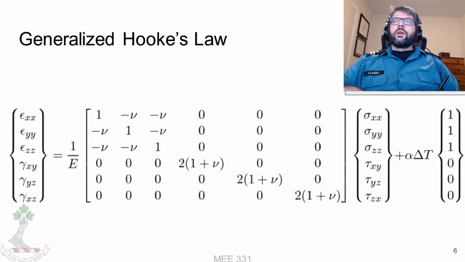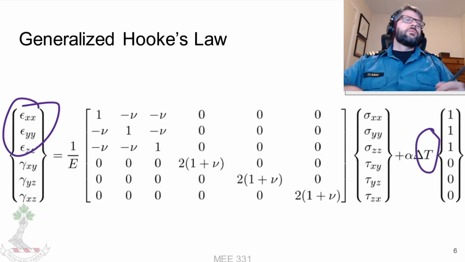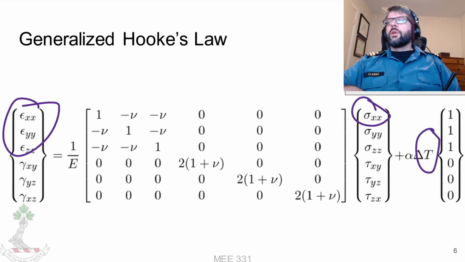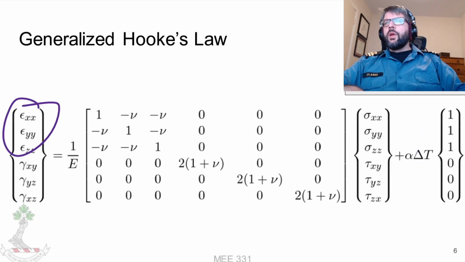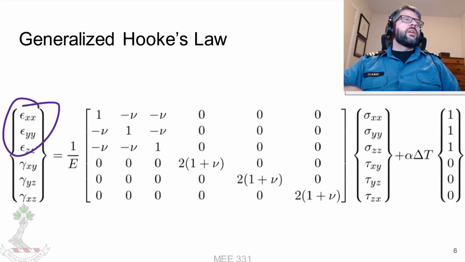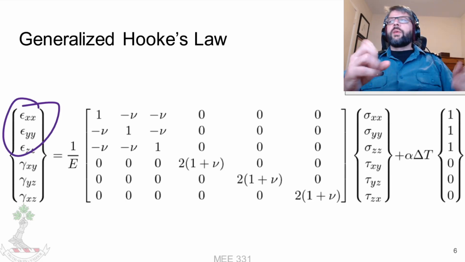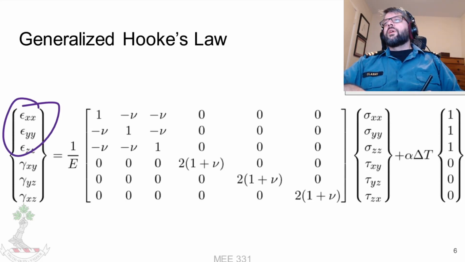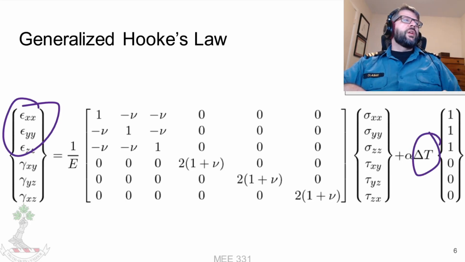Sometimes you'll know the strain, and you'll be given a temperature rise, and you'll need to calculate what stress levels get induced. Or you'll have a known strain that this thing can expand to, and a known stress, and you need to figure out what temperature change this thing can accommodate before the strain gets too high.